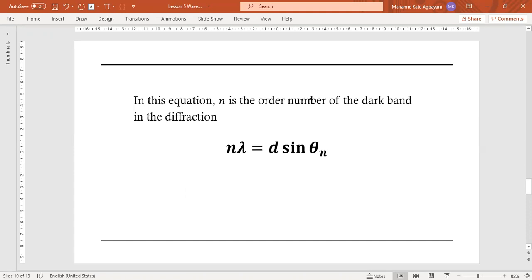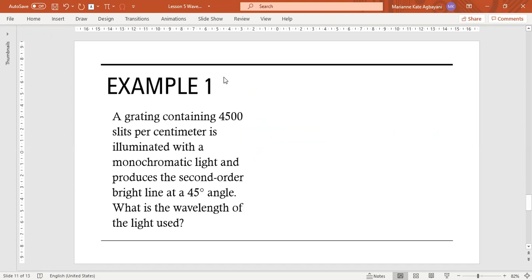So if we are measuring darkness, not brightness, then n is the order number of the dark band in the diffraction. It is the same formula, but n is the order number of the dark band. Okay, so let's proceed with the next.